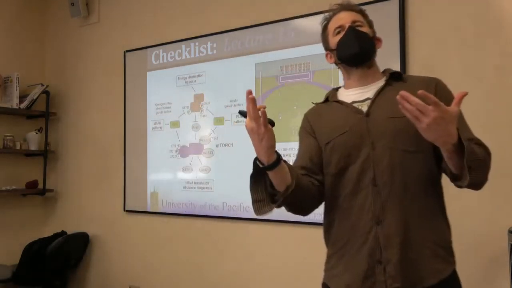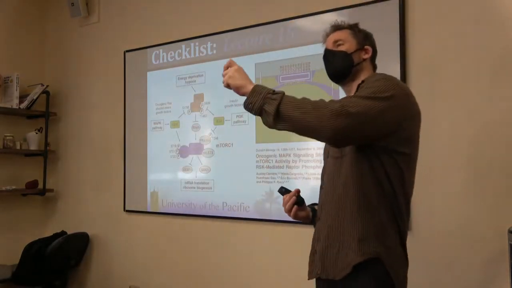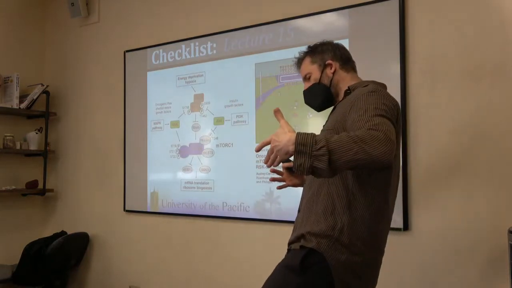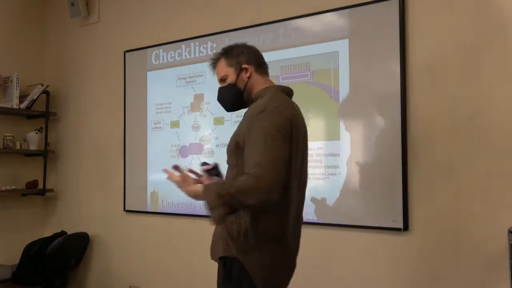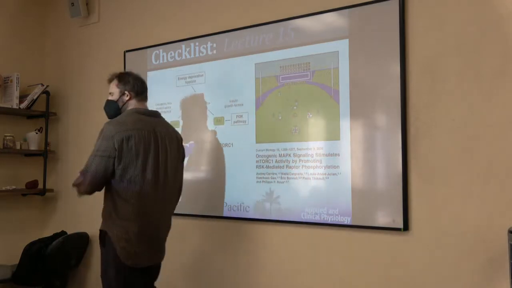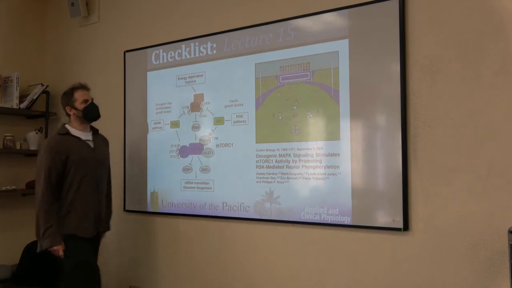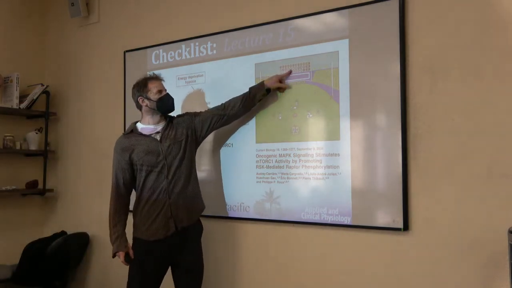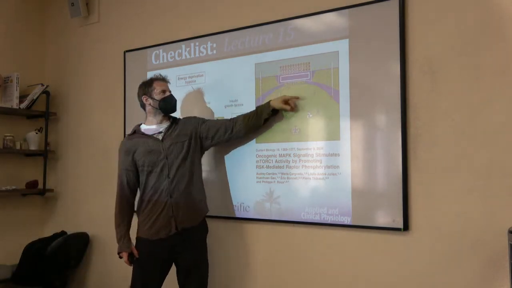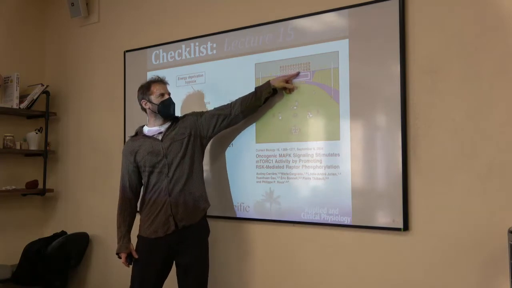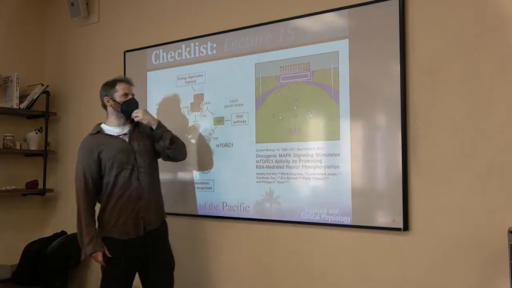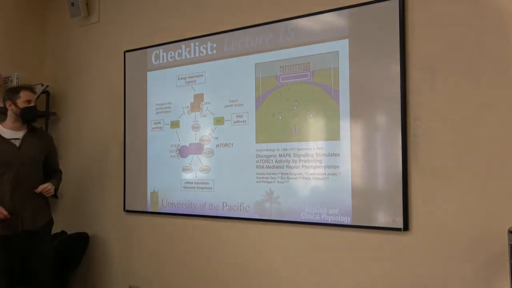Remember these cascades, mTOR and MAPK, they intersect, they communicate with each other. And remember, this is our mTOR scoreboard up here, and I gave it 12 points. And there's the MAPK cascade, that team, I gave 7 points. Both are very important.